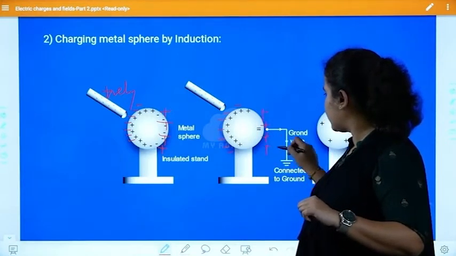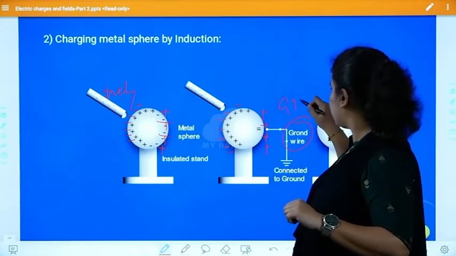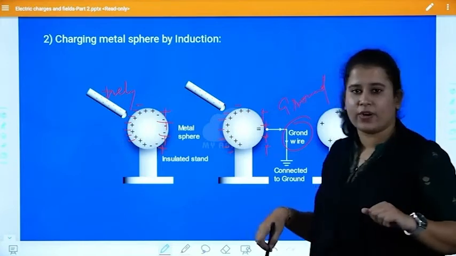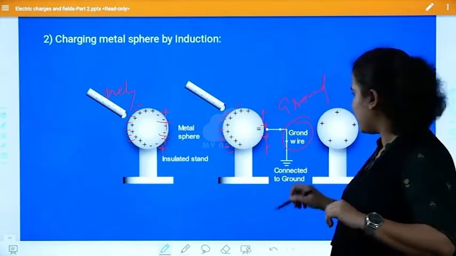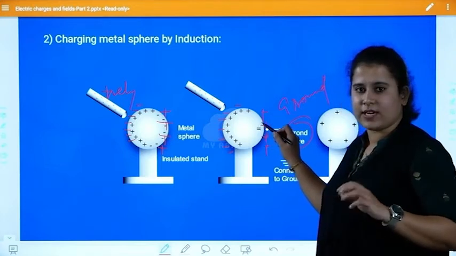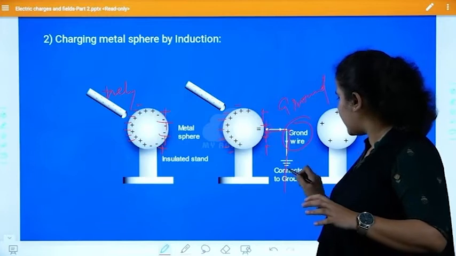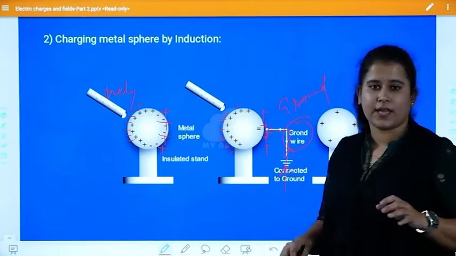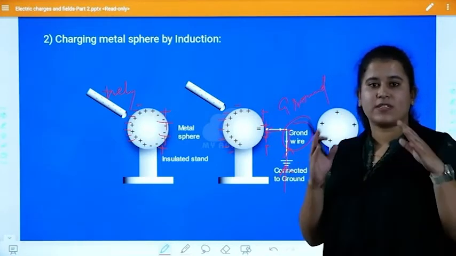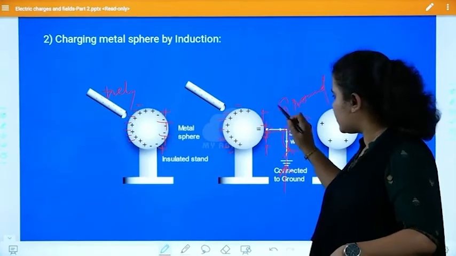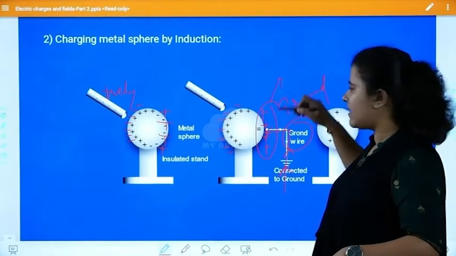How should I use the theory of ground? What should be the theory of grounding now? The theory of grounding is that from the ground the electrons are attracted towards this positive potential, and at that time what happens?